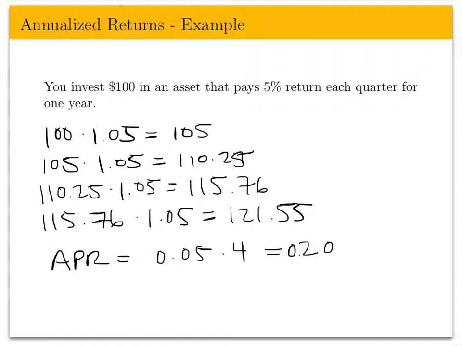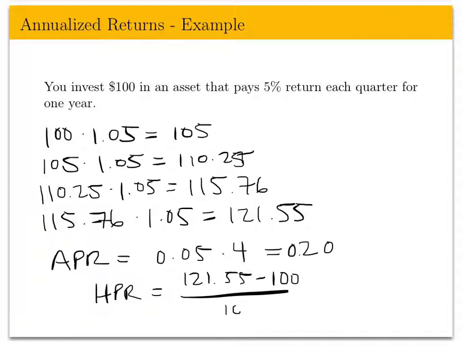But what was my real return on that investment? My real return, if I compute the holding period return over the year, is actually equal to, what was it, 121.55 minus the additional outlay of $100 all over $100. So I really earned 0.2155, or 21.55%. What's going on with the APR?